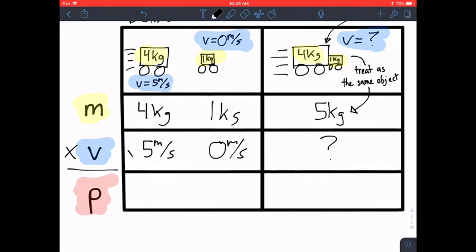So 4 times 5 equals 20 kilogram meters per second. 1 times 0 equals 0 kilogram meters per second. And then 5 times question mark, we don't know. It's something. Okay? That's how we go down the columns.